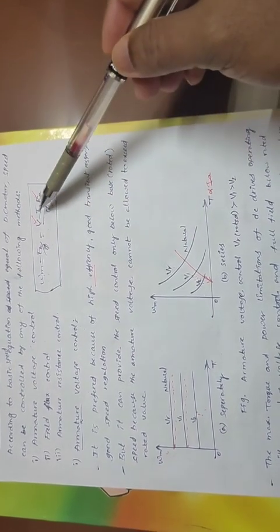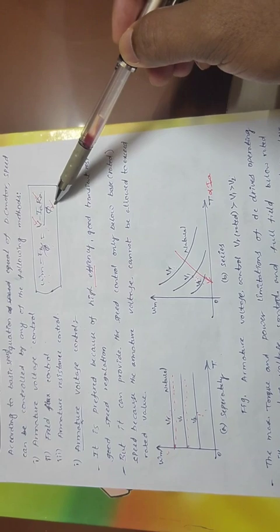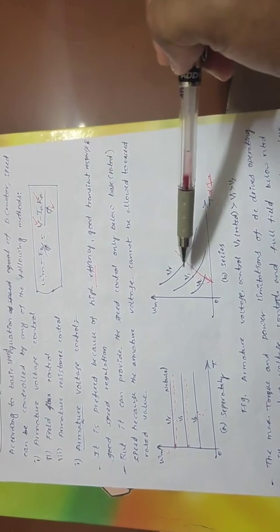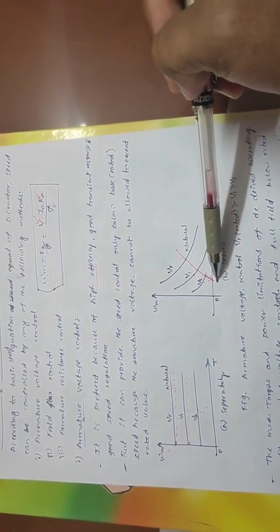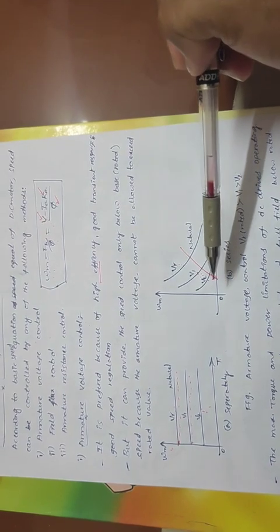That means V2 is less than V1 and V1 is less than VR. When you are decreasing the voltage level, as speed is directly proportional to the voltage, by keeping the flux as constant, your characteristics will shift downward. So this is all about the armature voltage control method and its speed torque characteristics.